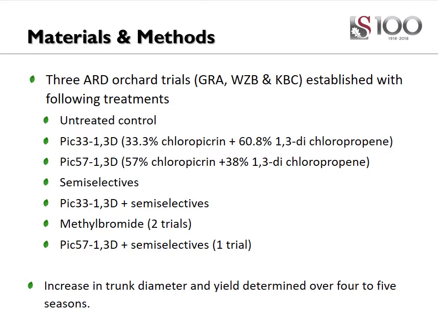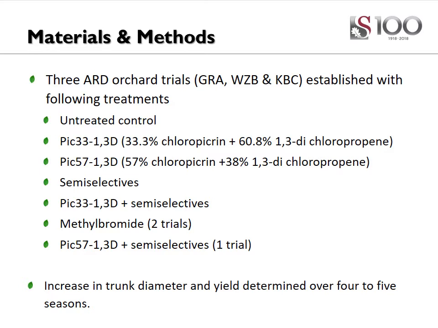Then we had a treatment consisting only of the semi-selectives, the fumigation treatment combined with semi-selectives, and then in two of the trials, we still had methyl bromide available. So we included this as the gold standard that previous years used. And in one of the trials, we included the higher content chloropicrin along with the semi-selectives.